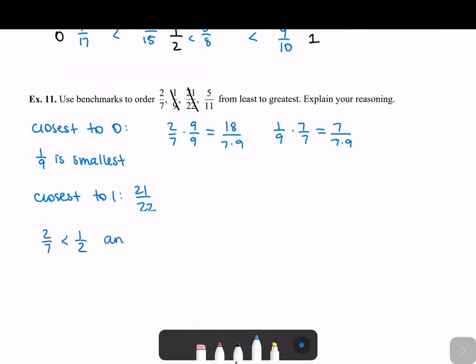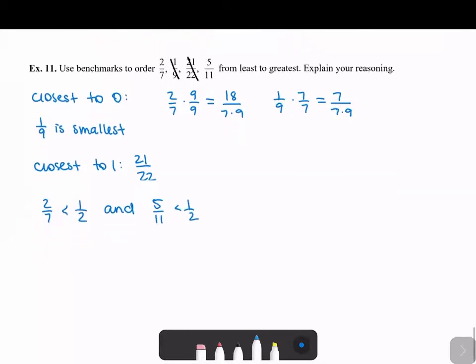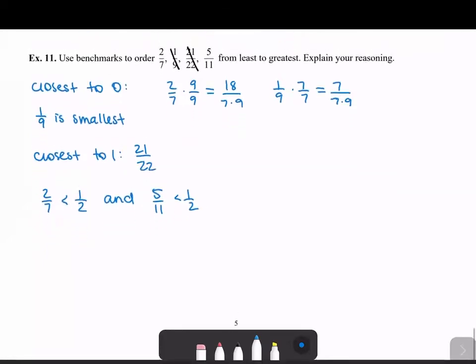And 5/11, well, 1/2 of 11 is 5.5. So this is actually, again, less than 1/2. So if we were drawing a number line, like I did before, that had 0, 1/2, and 1.